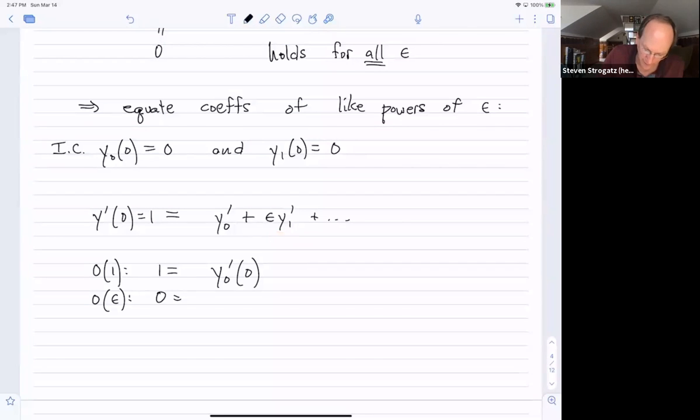And these are all evaluated, I should say, at time tau equals 0. So I'd have y1 prime at 0 is 0.